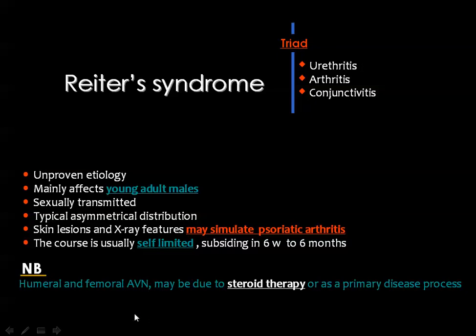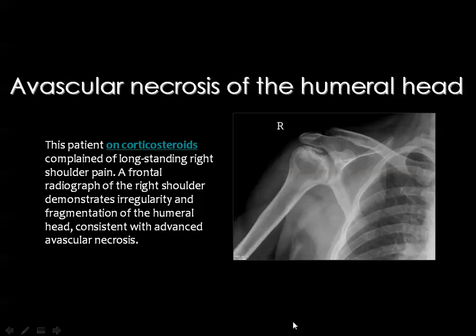This disease is many times associated with avascular necrosis of the humeral head and the femoral head as well, and this may be attributed to the effect of the disease itself or the effect of the steroid therapy, which is the line of management of this particular disease. Here you can see a plain X-ray of the right shoulder.